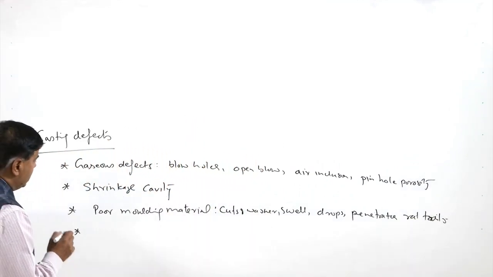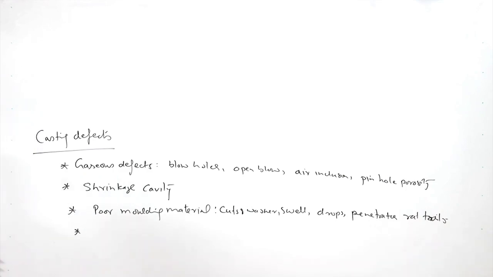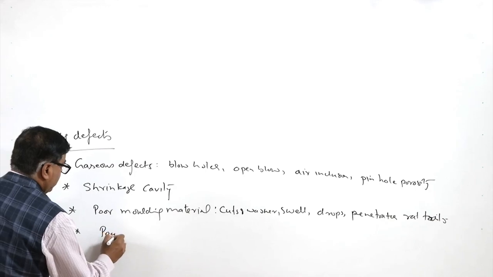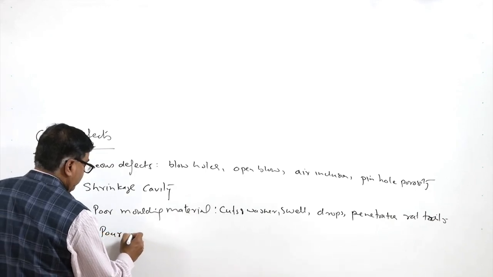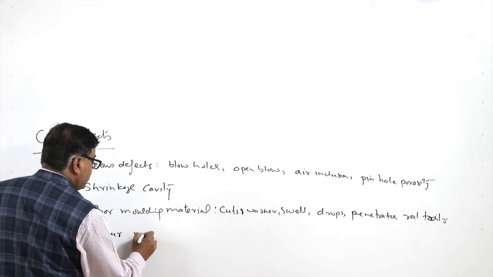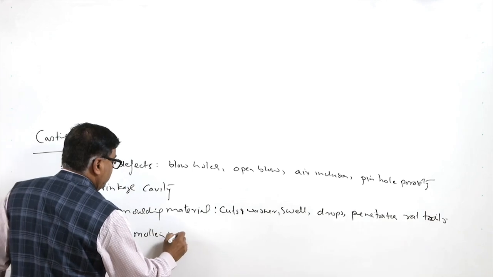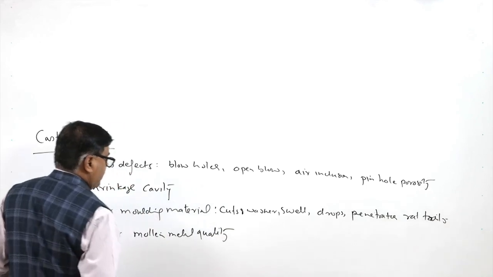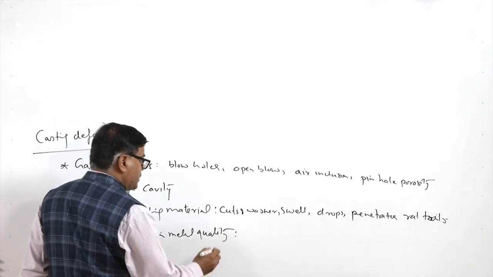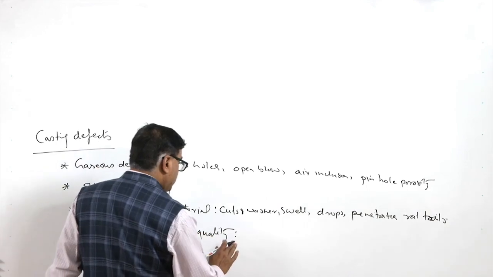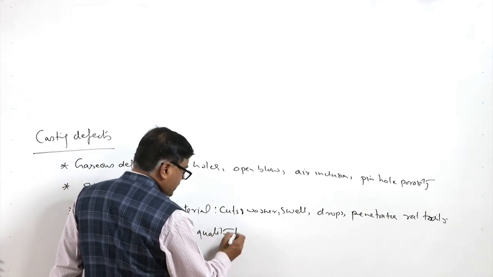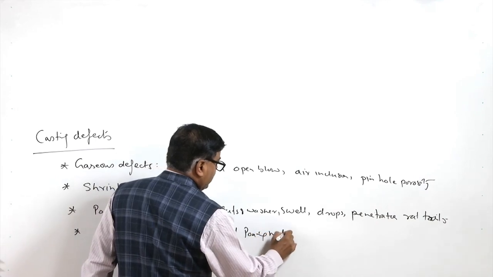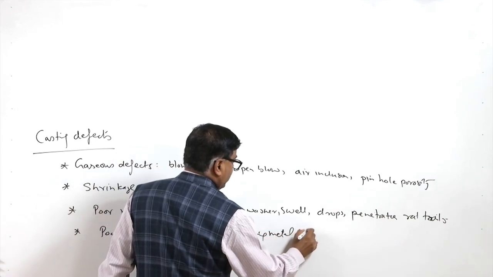Then there is a fourth category of defects which are related with the poor molten metal quality, or we can say the pouring metal defects.